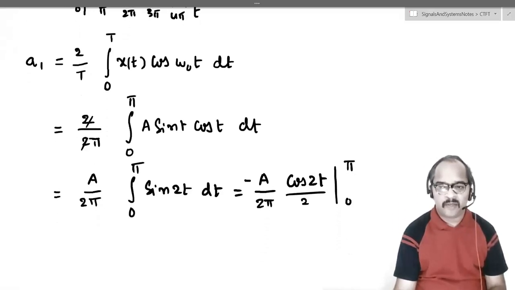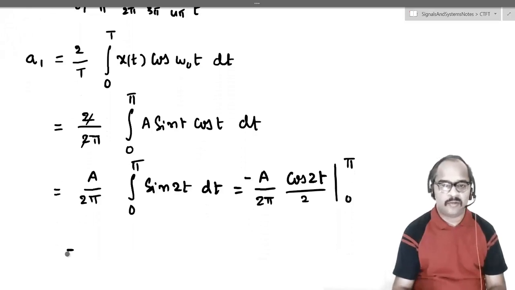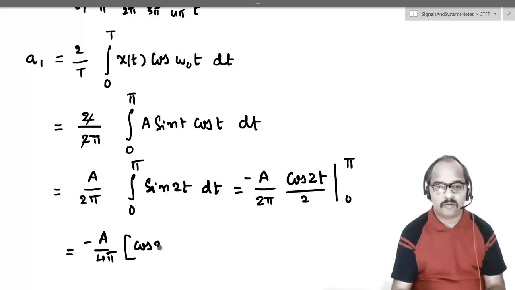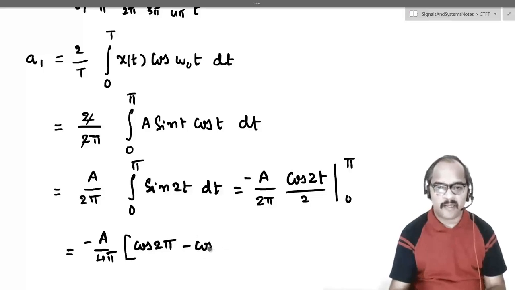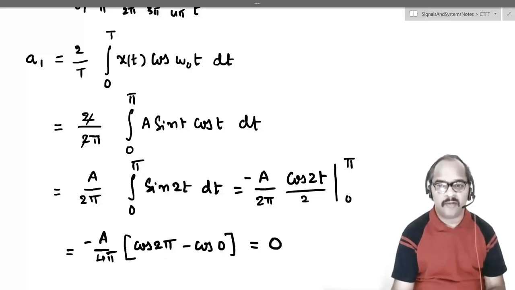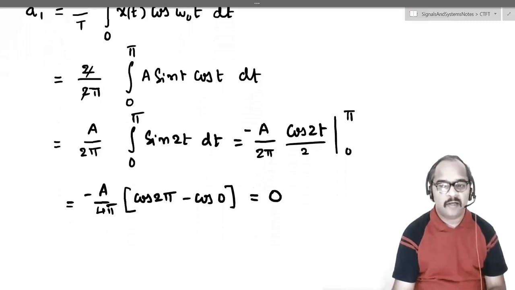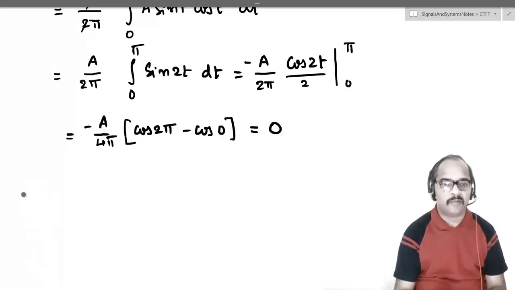So this should give you minus A by 4 pi multiplied with cos 2 pi, you replace t with pi, minus cos 0. So definitely this is equal to 0. Why? Cos 2 pi is 1 and cos 0 is 1. So that is our a1. We got a1 to be 0.